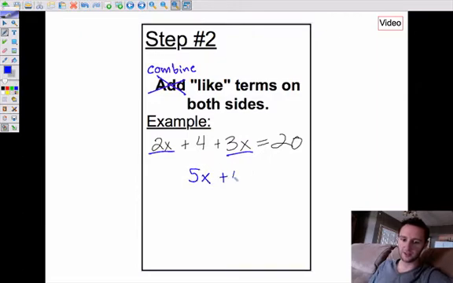Copy down the plus 4 equals 20. So step 1, eliminate the parentheses. Step 2, combine the like terms on both sides. We've combined our x variables over here. There are no x variables over here, so that step is done.